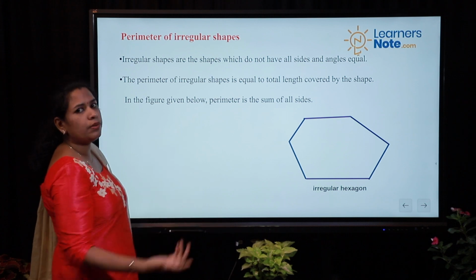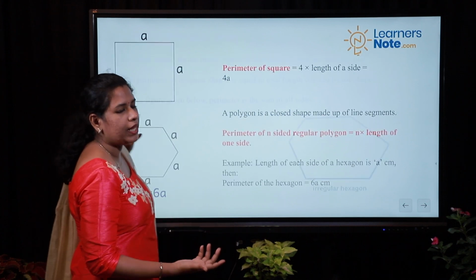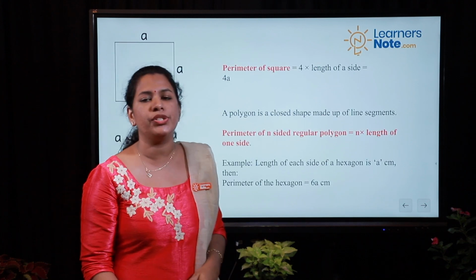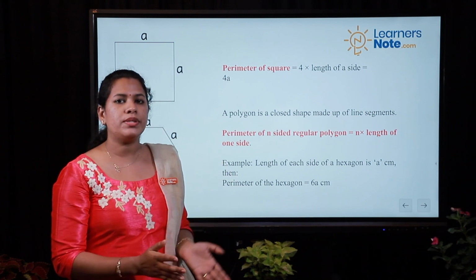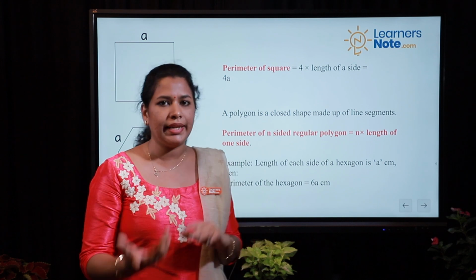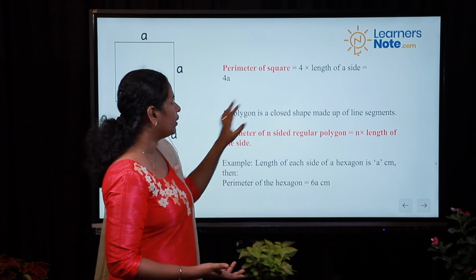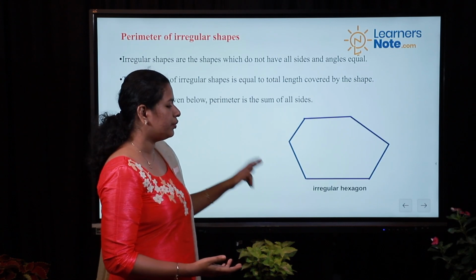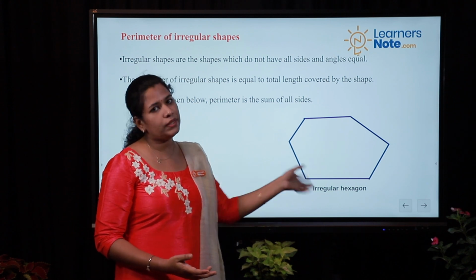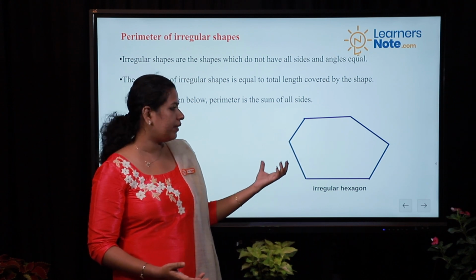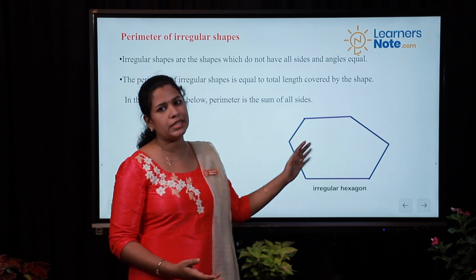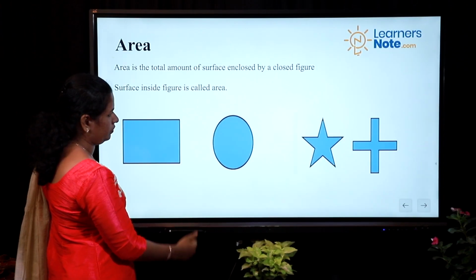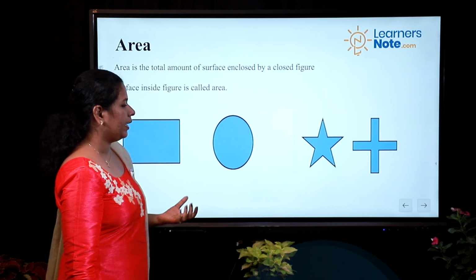But in the case of a regular shape, we can use the formula number of sides into the length of one side. When you multiply the number of sides with one side, you will get the perimeter. But in the case of an irregular shape, we have to add all the sides to get the perimeter, because in an irregular shape all the sides are not equal.